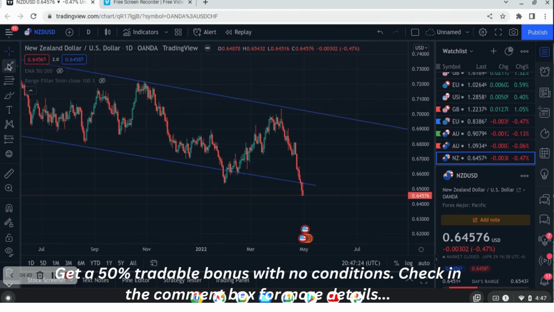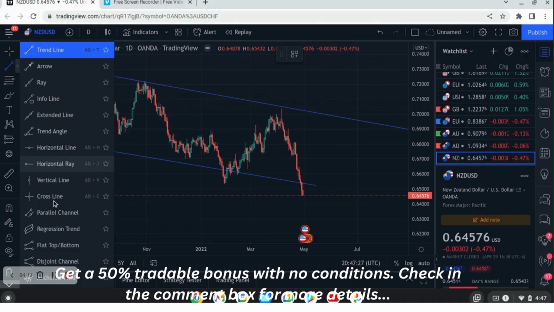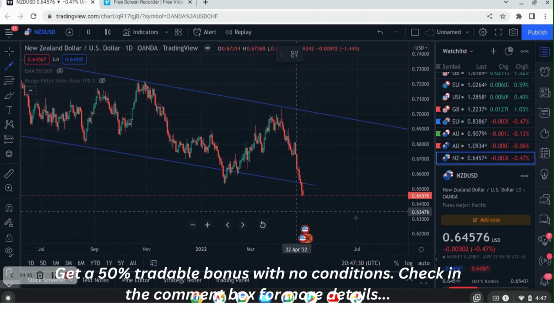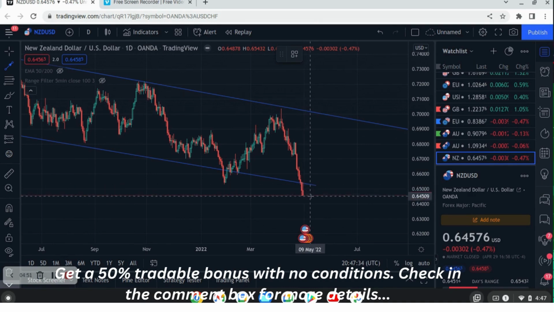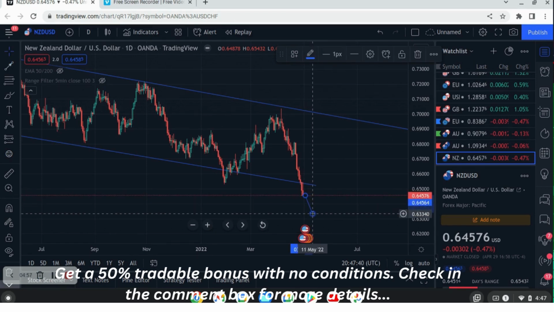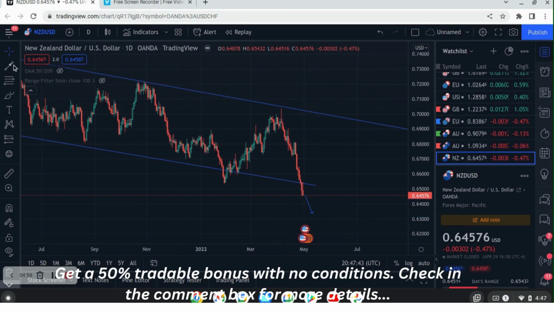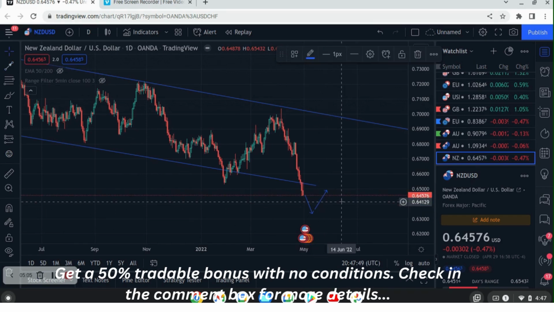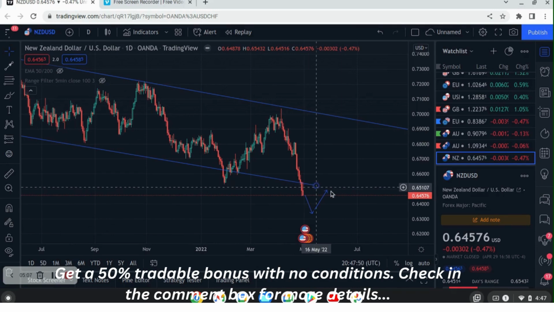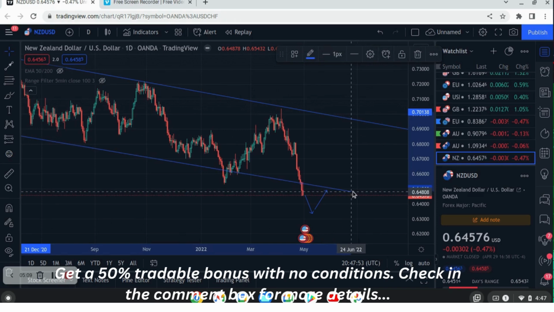So basically what we'll want to look for here, right? Let me get my arrow. So it kind of already retested here, but it could definitely do something like this, right? So it could come down, and then come back up, right, to retest this line right here, if you want to extend that.